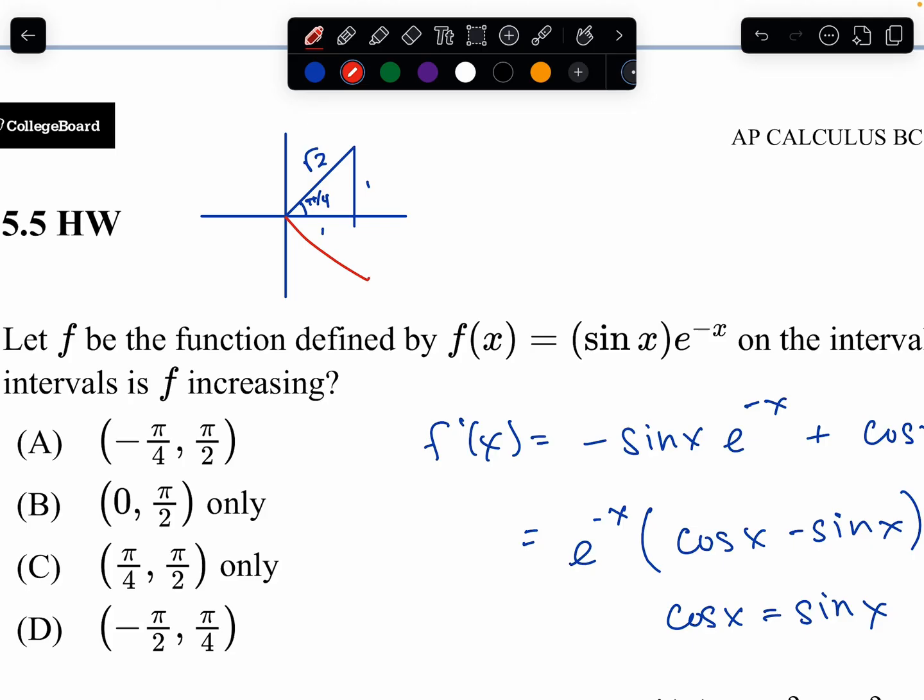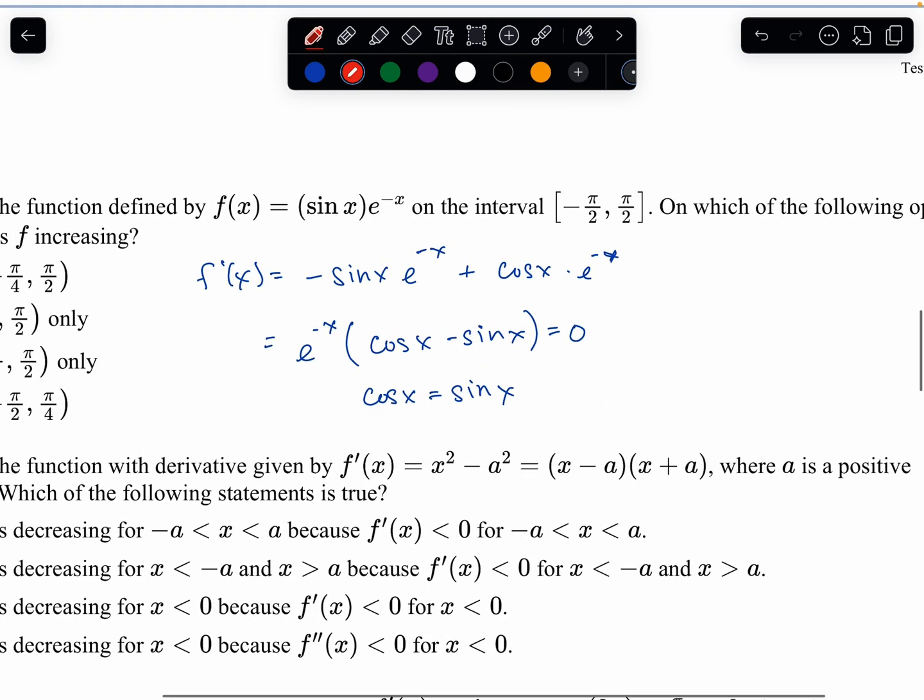They won't be equal because y will be negative right here. And so sine of this angle is 1 over root 2, and so is cosine. Cosine is also 1 over root 2. But sine of negative pi fourths is negative 1 over root 2, and cosine is positive 1 over root 2. So no, I think the only time that they will be equivalent to each other is when x equals pi over 4.